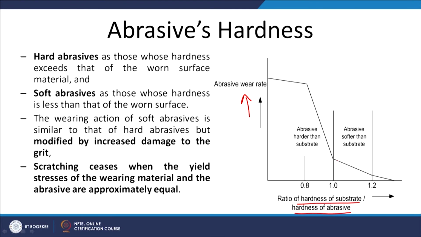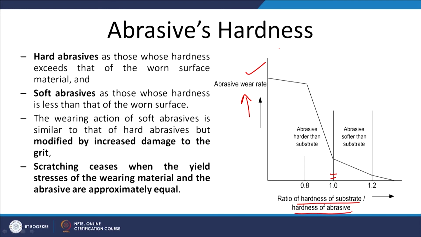If the two are very close, meaning the substrate hardness and the abrasive hardness are very close, it will cause lesser wear rate, lesser abrasion. And further, if the ratio is greater than 1, meaning the hardness of the substrate is more than the hardness of the abrasives, this will reduce the abrasion of the workpiece further. So, if the hardness of the substrate is very low and the hardness of the abrasive is high, it will cause a higher wear rate.